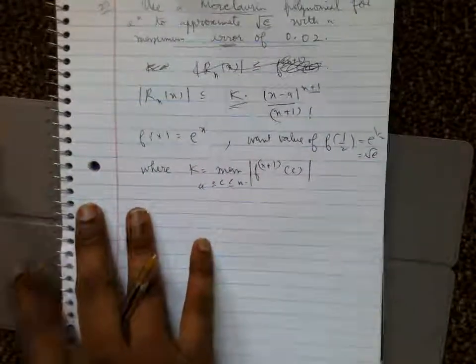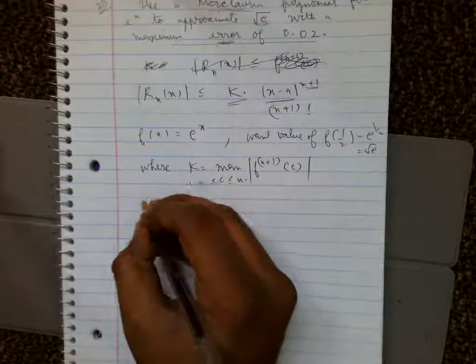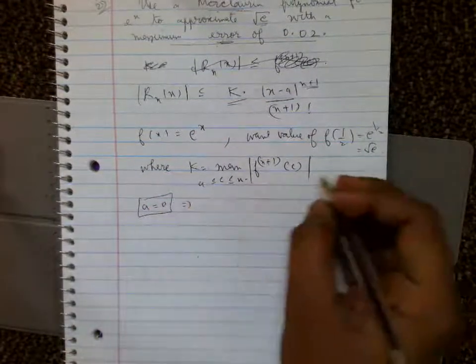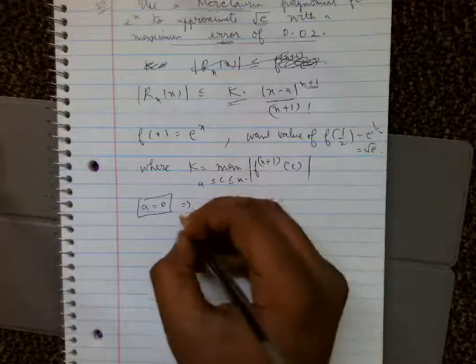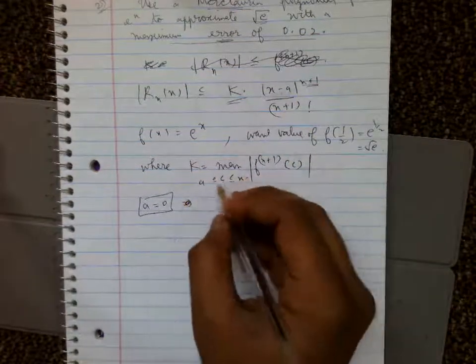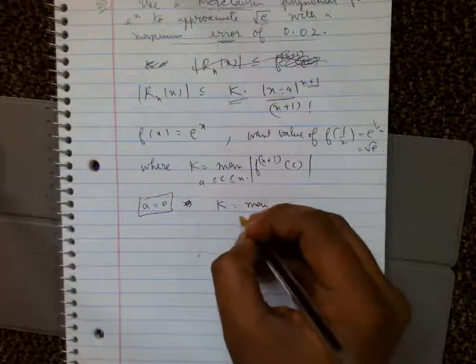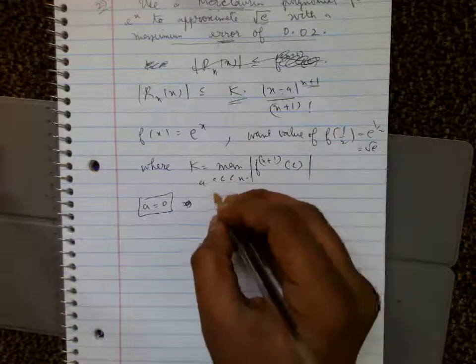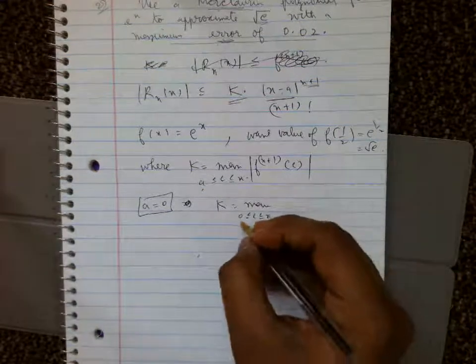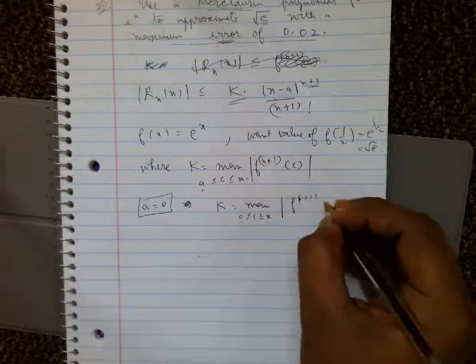Since we want to use the Maclaurin polynomial, our center is just 0, so we'll substitute a equal to 0 here. First we'll begin with finding the value of k. So k is the maximum, with c lying between 0 and x, of the modulus of f^(n+1) of c.